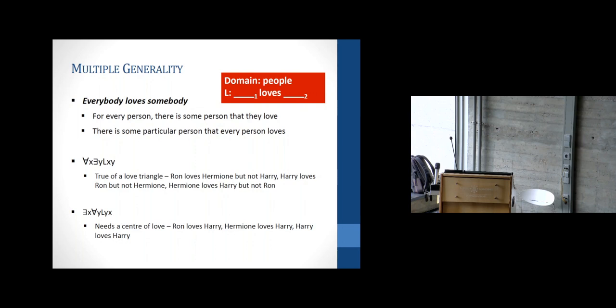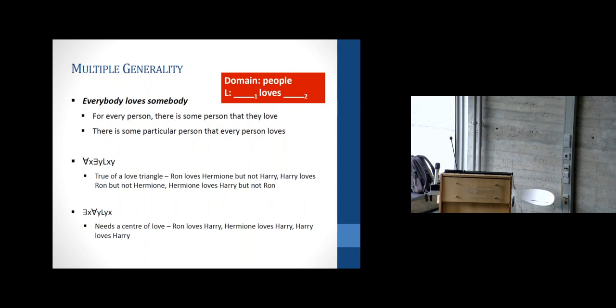No, right? So it's not true that everybody loves A. You can go, does C love B? No, right? C loves A. Does A love C? No. And A loves B. So there is no particular person in this love triangle whom everyone loves. Okay?